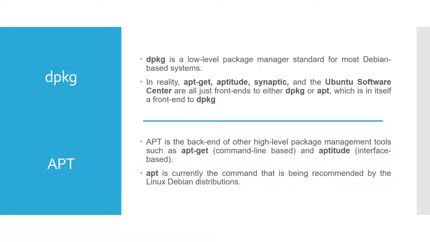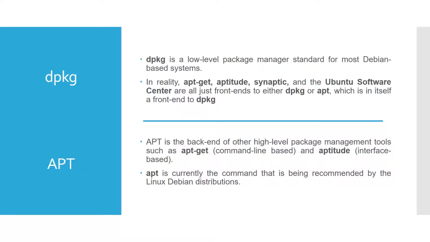In this example, just concentrate on two tools: one example of a low-level tool and another example of a high-level tool. We have DPKG. DPKG is a low-level package manager, which is the standard for most Debian-based systems. As I mentioned before, most high-level tools use the low-level tool.